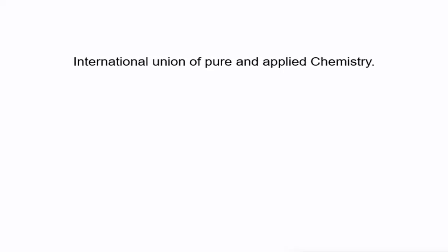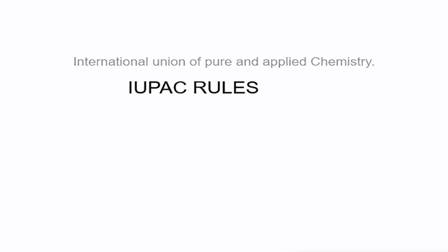So the chemical societies of different countries cooperated in developing sets of rules for naming compounds. This society is the International Union of Pure and Applied Chemistry, and their rules are called the IUPAC rules.